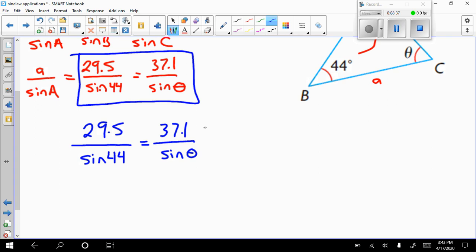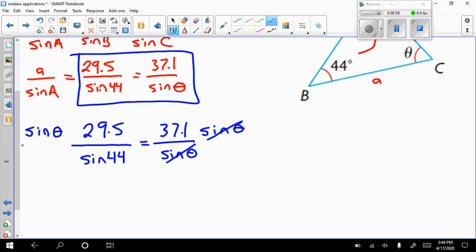So look at this. I'm going to multiply the top on this side by sine theta, and I'm going to multiply the top on this side by sine theta. That will leave me with sine theta over sine theta, which then turns into 1. Anything over itself is 1. So the nice thing is that got it on the top over here.